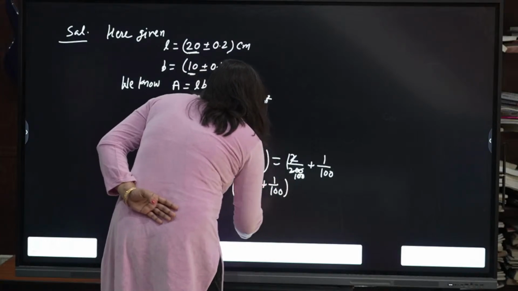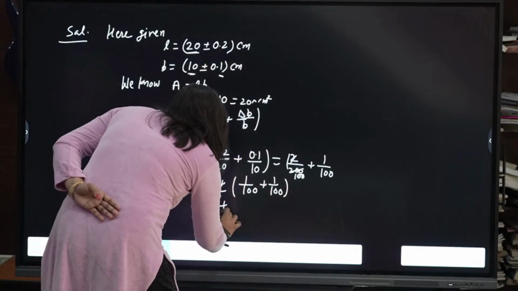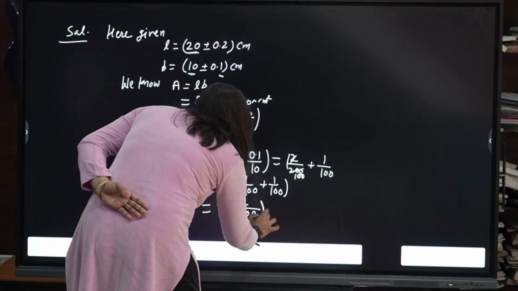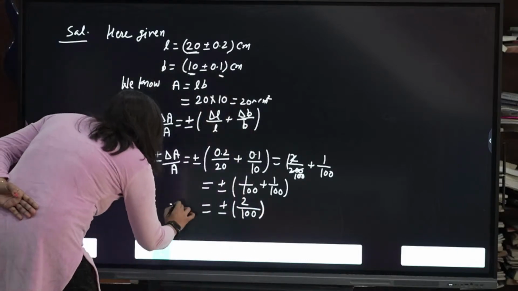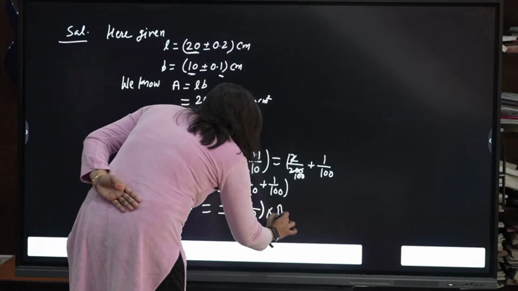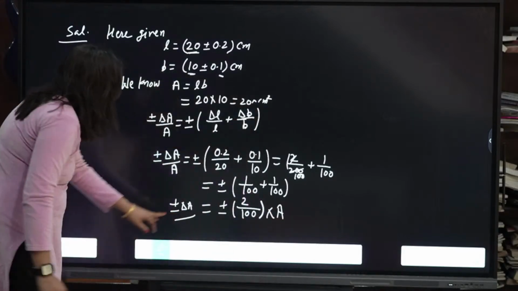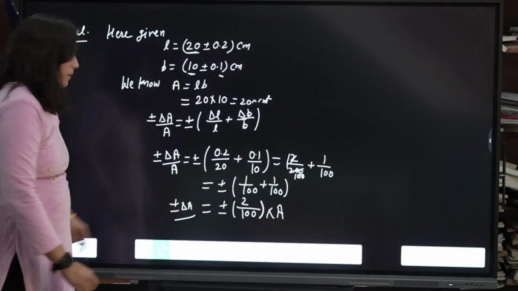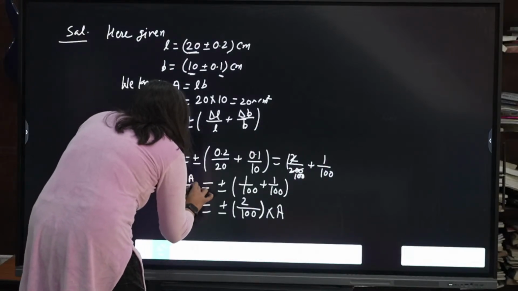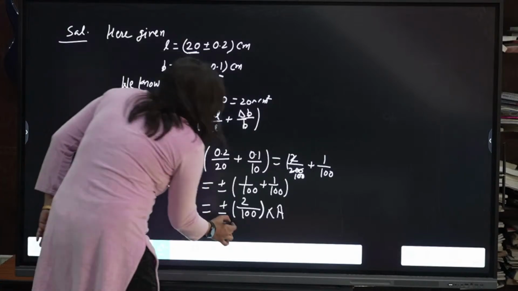2 by 100. Here plus minus 2 by 100, and here plus minus del A, and you multiply with A because we find out errors in area. Then you can write del A by A. Again simplify it.